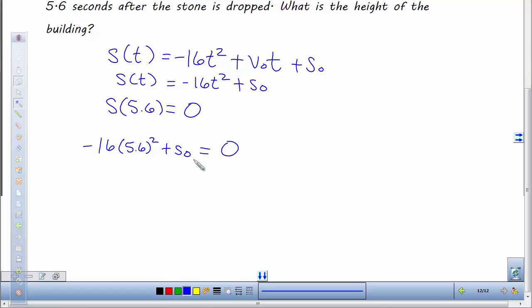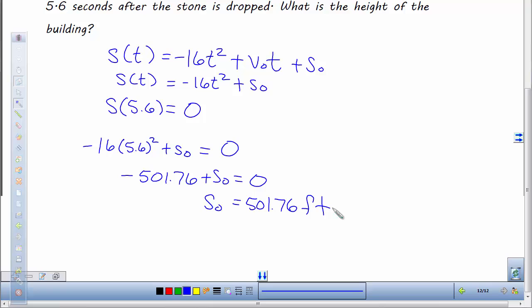Okay, I get negative 501.76 plus S naught equals 0, or S naught equals 501.76. And I'm guessing this was feet.